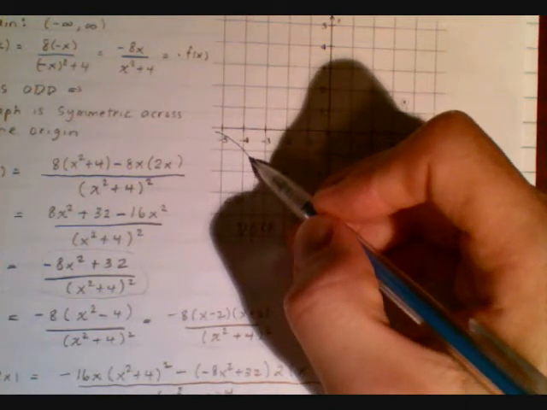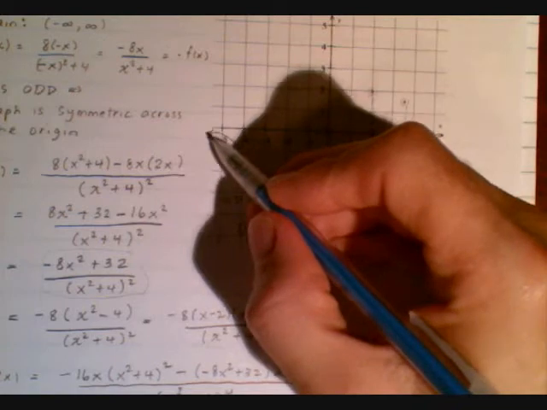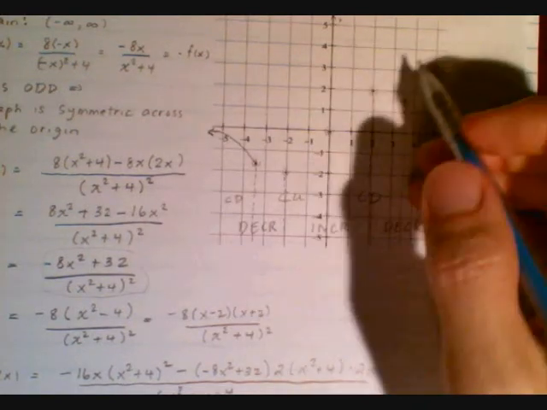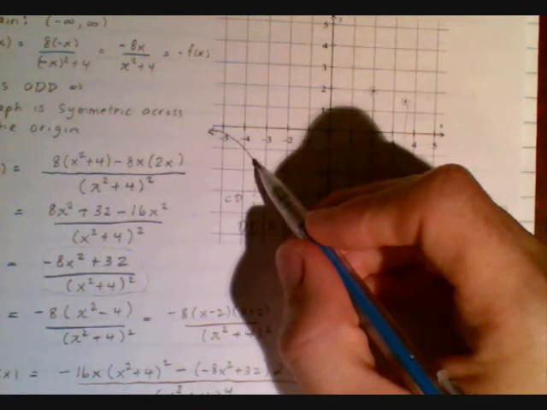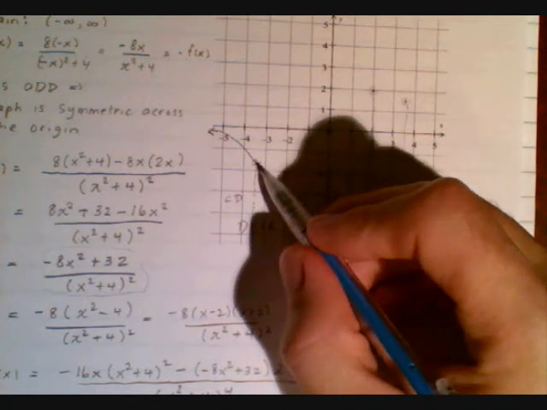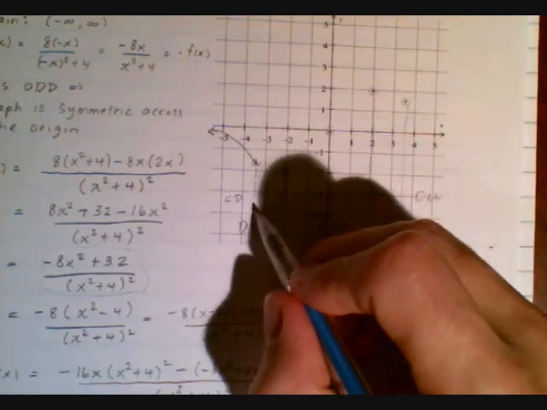And I want to make it approach the x-axis. Remember, that's the horizontal asymptote. Okay, so it's decreasing concave down. And it becomes concave up at minus 2 square root of 3, but it's still decreasing.